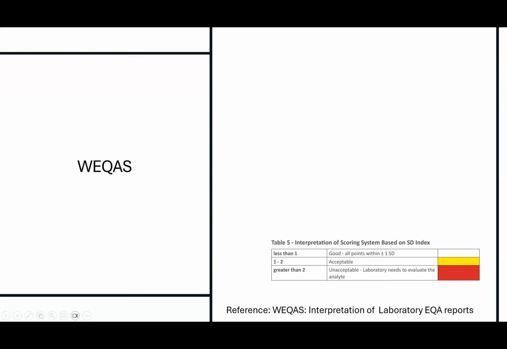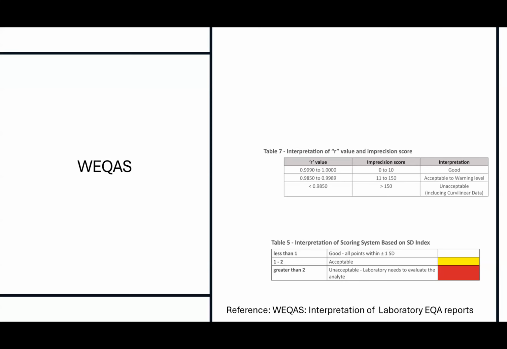And they calculate this SDI by doing the lab result minus the target value. And just to remind you that sometimes with the WEQAS, they try and use the reference method to give you the target or true value. And then they divide that result by the WEQAS SD. So it may be known in some schemes as a Z score. And then the other thing they do in the WEQAS is they give you an imprecision score.